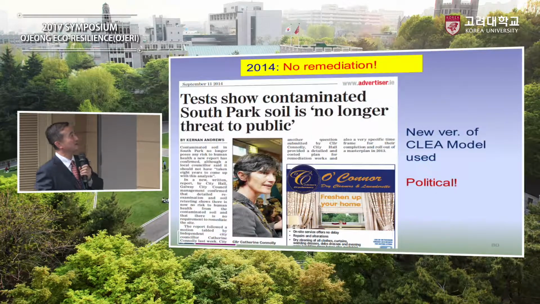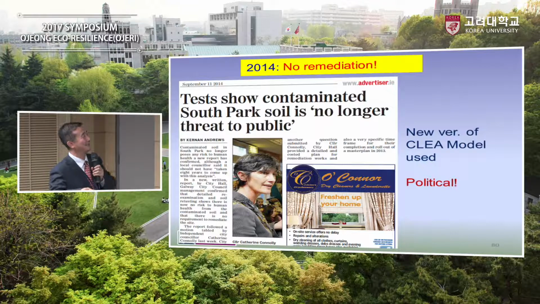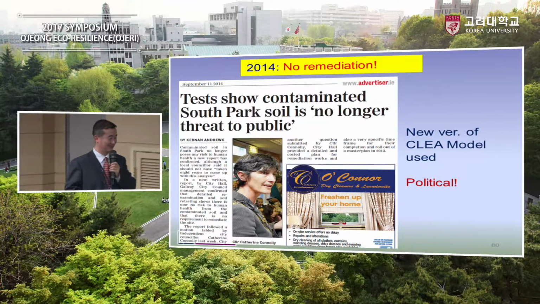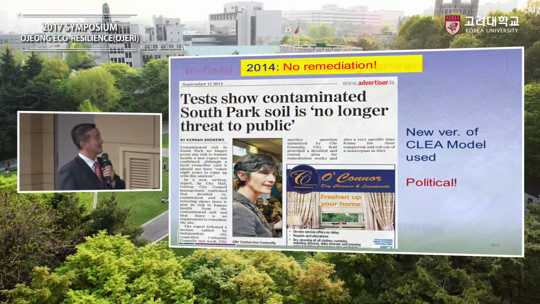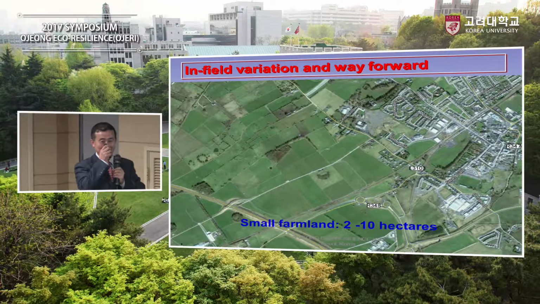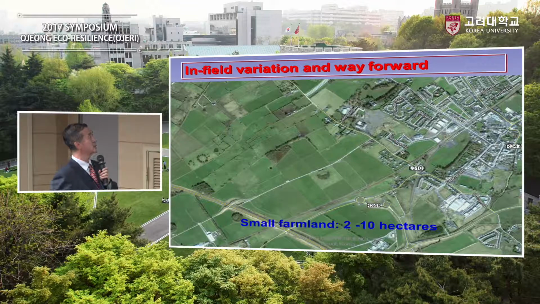But in 2014, it was declared no longer a threat. In fact, they did very simple remediation, and then they told the public it was no longer an issue. So this is something beyond science anyway, and I just leave it as a political game there. Okay, that's something beyond us.